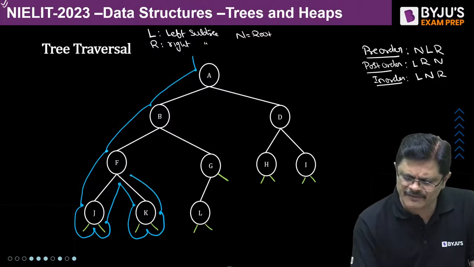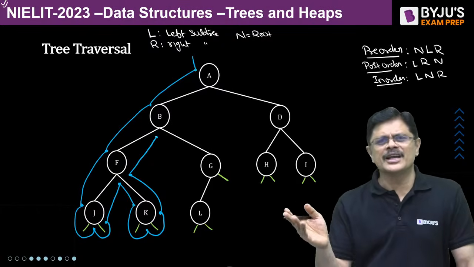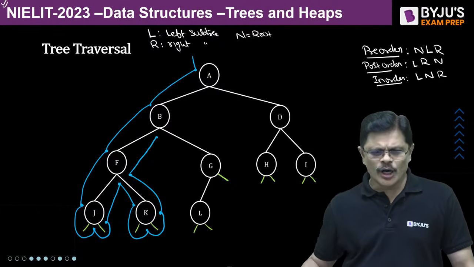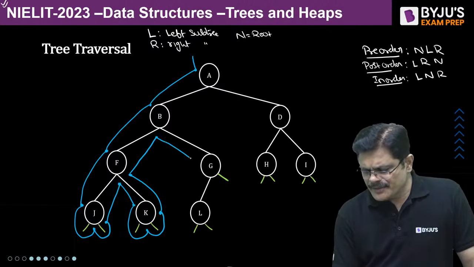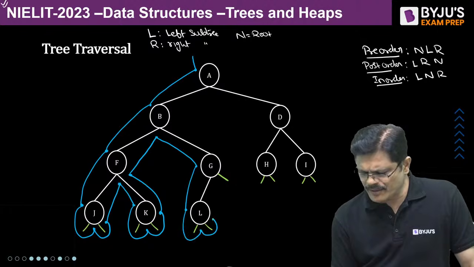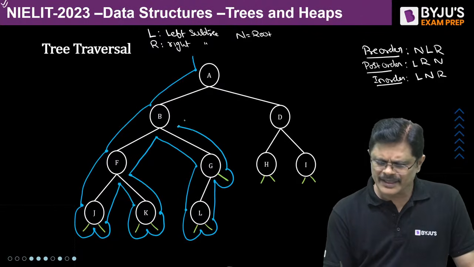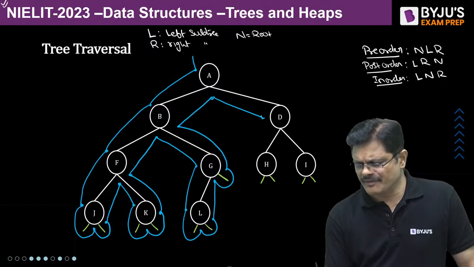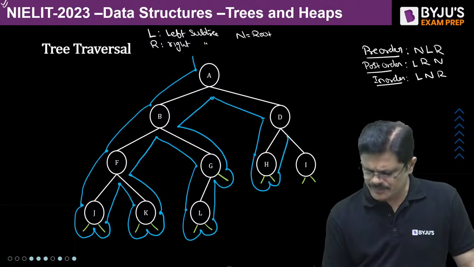Here, left is done, middle is done, now it is right. So in the traversal, automatically you will visit every node 3 times.